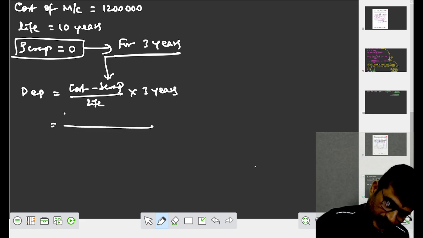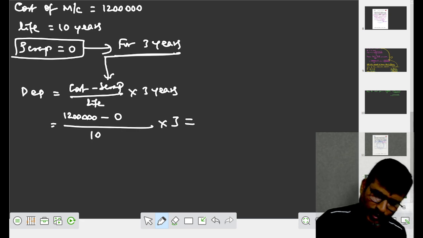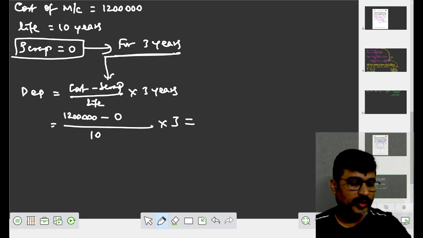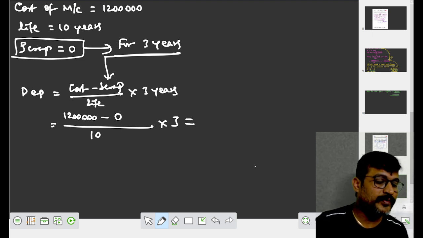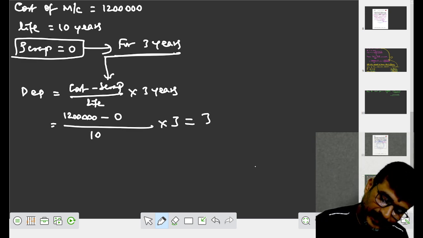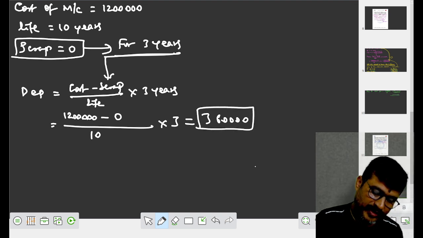What is the cost? 12 lakh, scrap 0, life is 10, into 3 years. It comes how much? It comes to rupees 1 lakh 20 into 3, it comes to rupees 3 lakh 60,000.